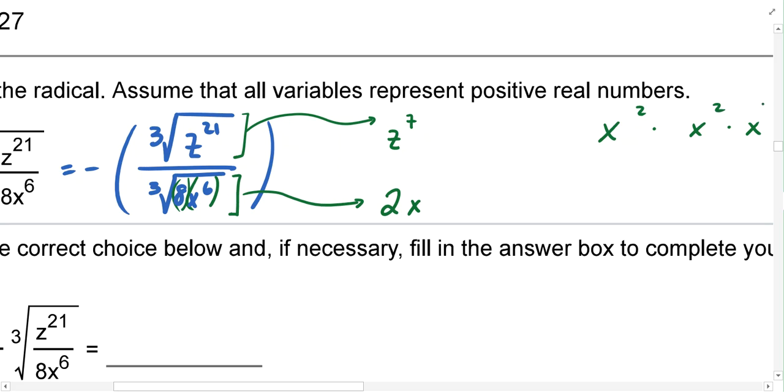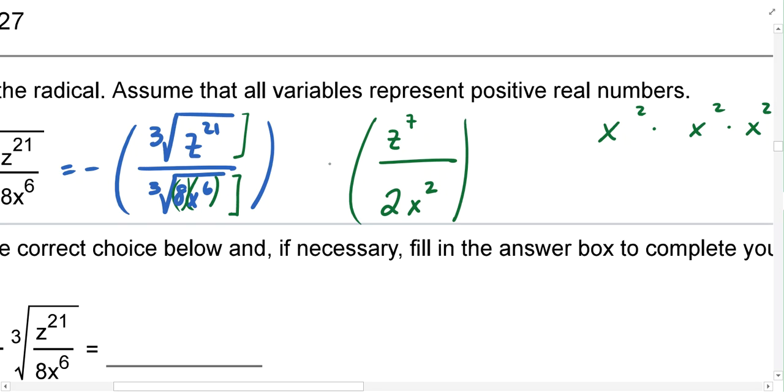So in this case, 2, 2, and 2 would be good. And if you recall that shortcut we were starting to mention in the last step, we're looking for the value that's 1/3 of this 6, which happens to be 2. So as far as this component in the top goes, we end up with z to the 7th power. And as far as the bottom component goes, we end up with 2 times x to the 2nd power.